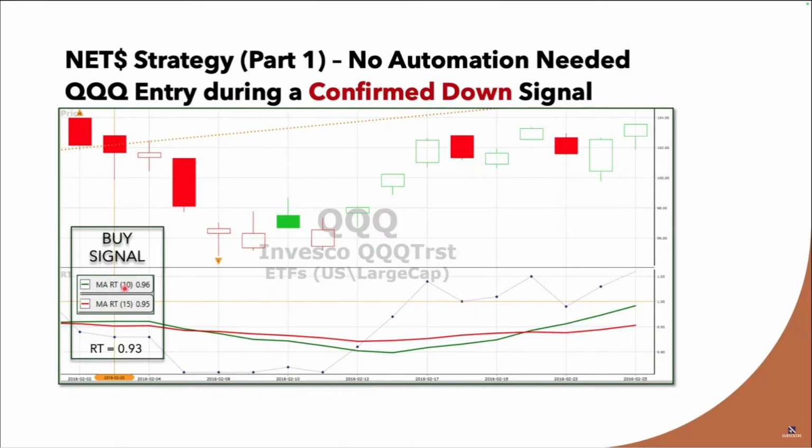But the 10-day RT was above the 15, so that triggered a buy signal. As I mentioned, we're down at 0.93 here, so we're in a downtrend, and I haven't done any more testing of uptrends and downtrends. I've just tried to keep it simple here. What happened was I bought on the next day at the open at 101.35.